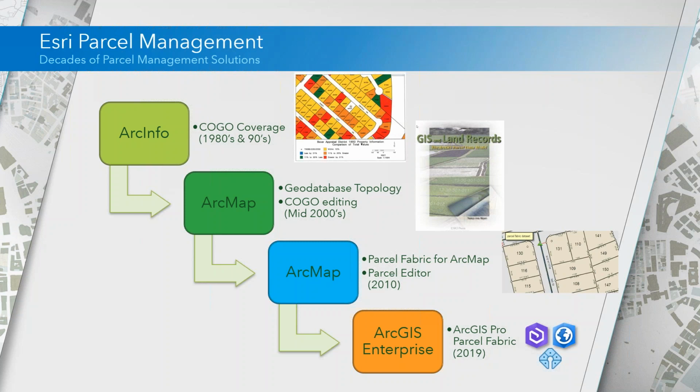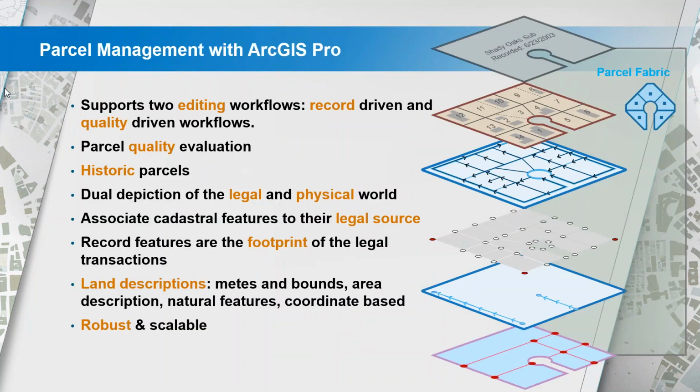So it came up and brought with it all that particular technology, which has led us to the Pro Parcel Fabric, which builds upon all that previous data model and takes the best from each one. So within the Pro Parcel Fabric, we support multiple editing workflows.